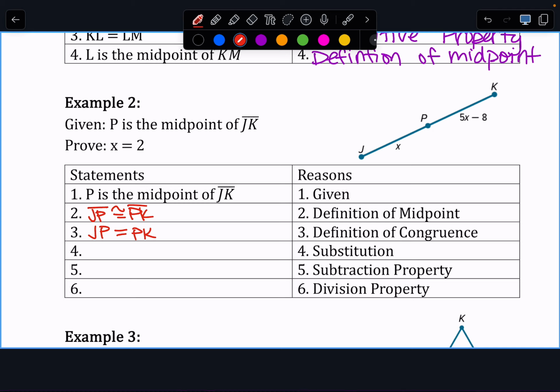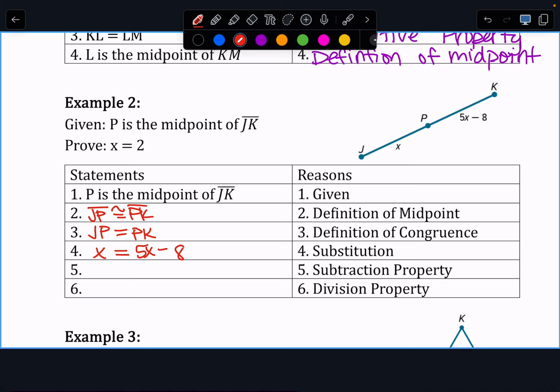Maybe since x is the measure of JP and 5x minus 8 is the measure of PK, we need equality so we can write an equation. So we are going to substitute the measure of JP with x, and the measure of PK with 5x minus 8.